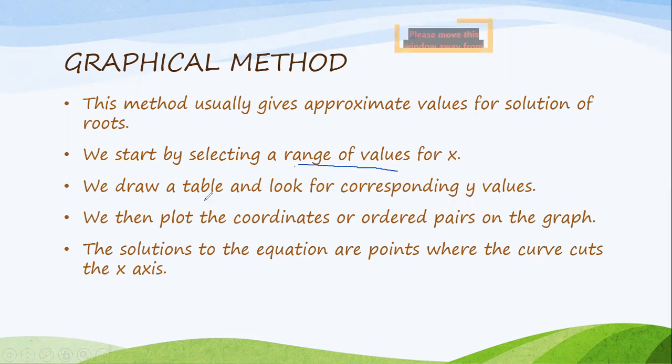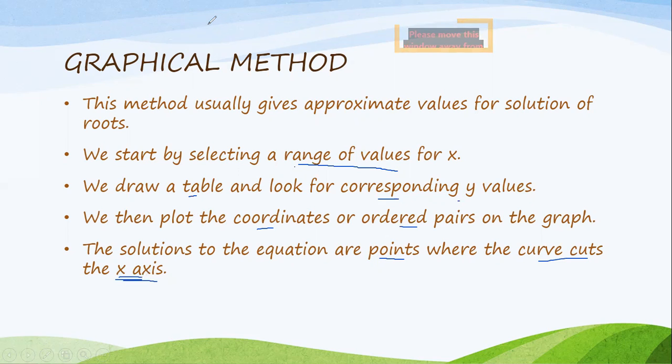Then after that, we draw a table and look at the corresponding values of y. We then plot the coordinates or ordered pairs on the graph, and the solutions to the equations are the points where the curve cuts the x-axis. So these points are important because they are the solutions to the quadratic equation.